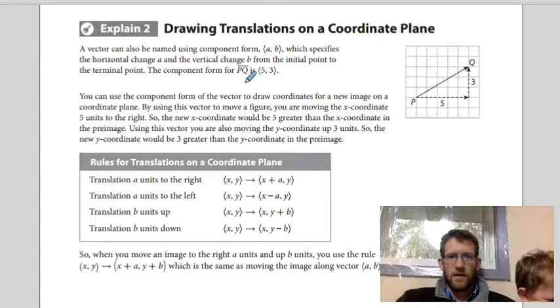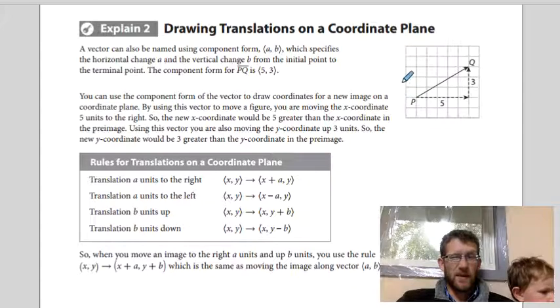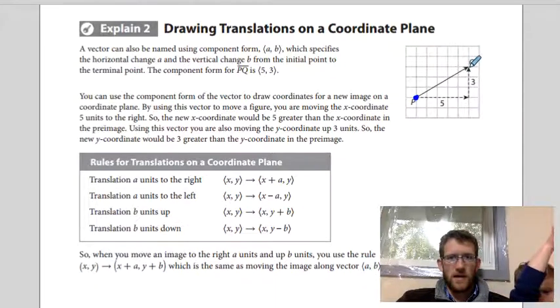So we could say that the component form of vector PQ, so here's vector PQ, is <5, 3>, because it's 5 to the right and 3 up. Another way to think about these vectors is if the starting point is always at the origin, the component form of the vector will be the same values as the endpoint of that vector.